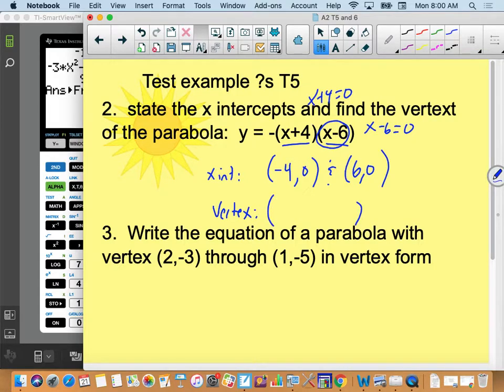So if I add negative 4 and 6 and divide by 2, I get 1. Negative 4 plus 6 is 2, divided by 2 is 1. And then if I plug 1 in place of the x's, I get negative 5 times negative 5. So negative 5 times negative 5 is a positive 25.